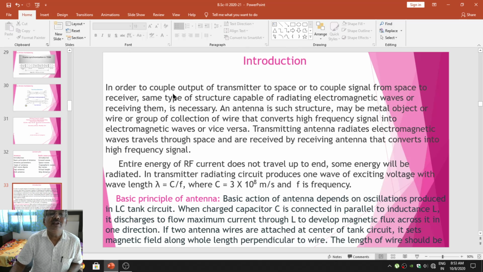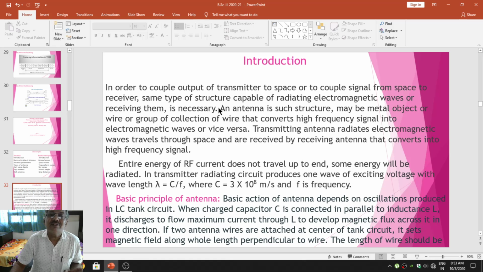In order to couple the output of the transmitter to space, or to couple the signal from space to the receiver, a similar type of structure capable of radiating or receiving electromagnetic waves is necessary.